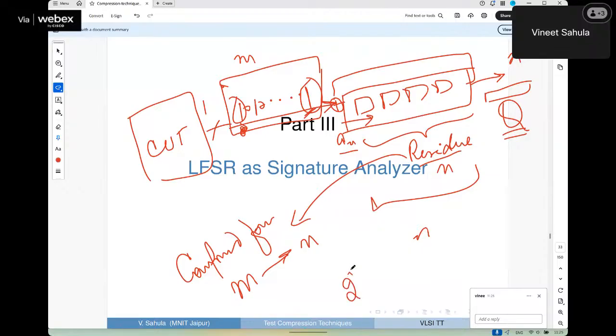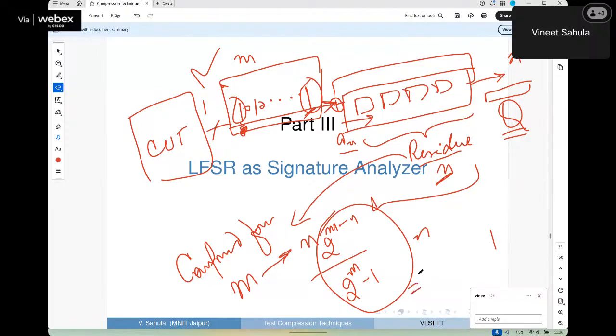I have a total of 2 to the power m minus 1 sequences which could be faulty sequences. Fault free is 1. I would get the same residue for 2 to the power m minus n of those different sequences, and this is my probability of aliasing, which will be approximately 1 by 2 to the power n.